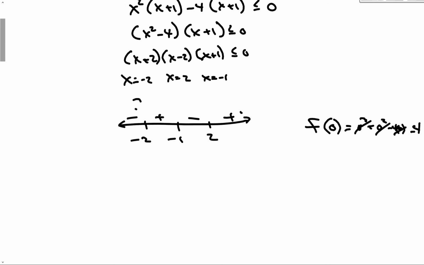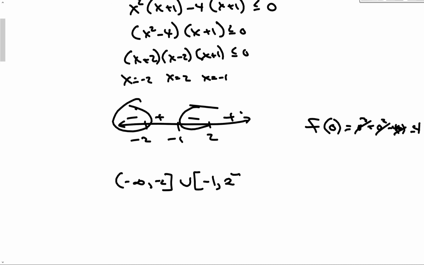It is negative there and there. So it is negative from negative infinity to -2. Ooh, less than or equal to, which means you need a bracket, union -1 to 2. And that is my answer.